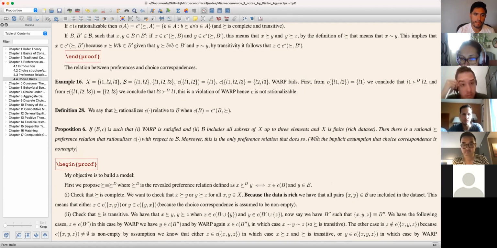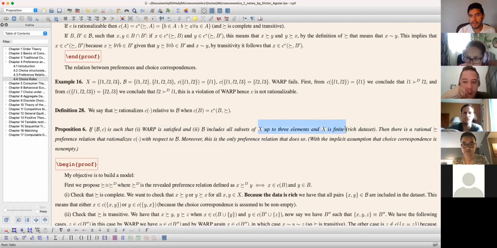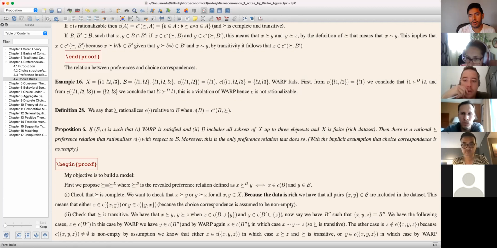Then the fact that you satisfy WARP implies that there is a preference relation rationalizing C. So in general this is false. We're going to have an example in a moment, but it is true for special kinds of data sets when you have 2 and 3 elements.